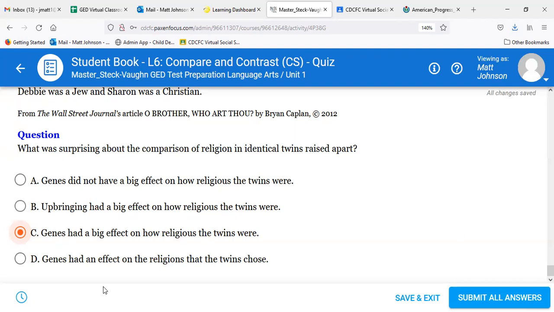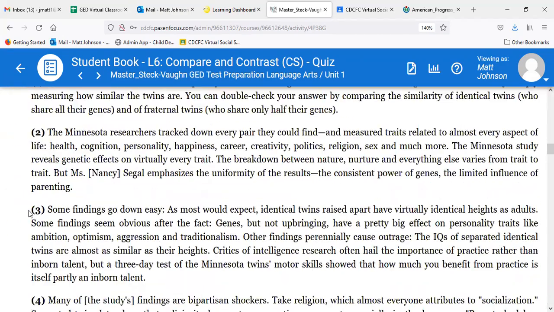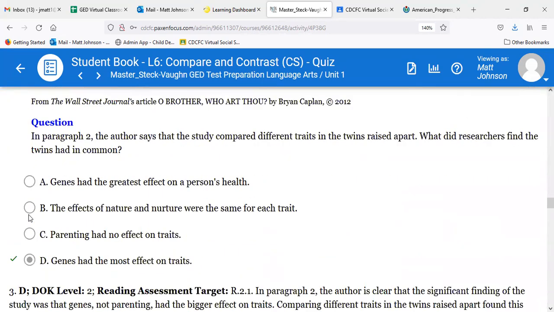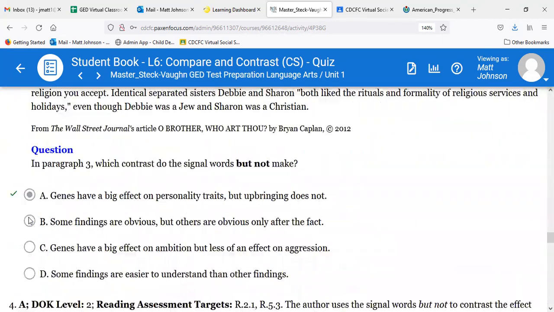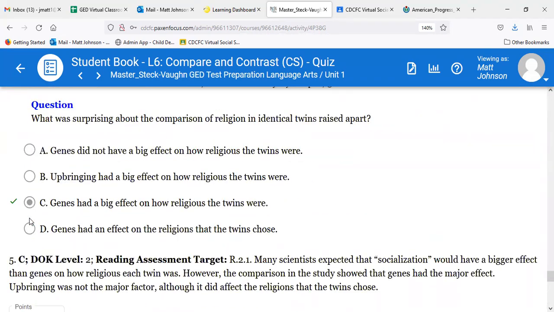All right, and I will submit that. Yep. 1 is D. 2, A. 3, D. 4, A. 5, C. So are we all caught up here before we move on to the workbook? Any questions on the quiz? So far, so good. Okay.